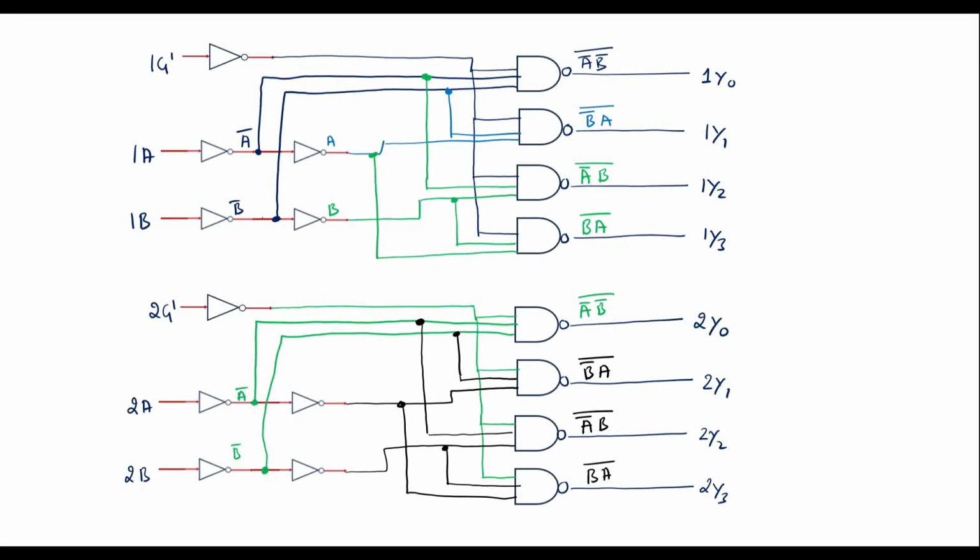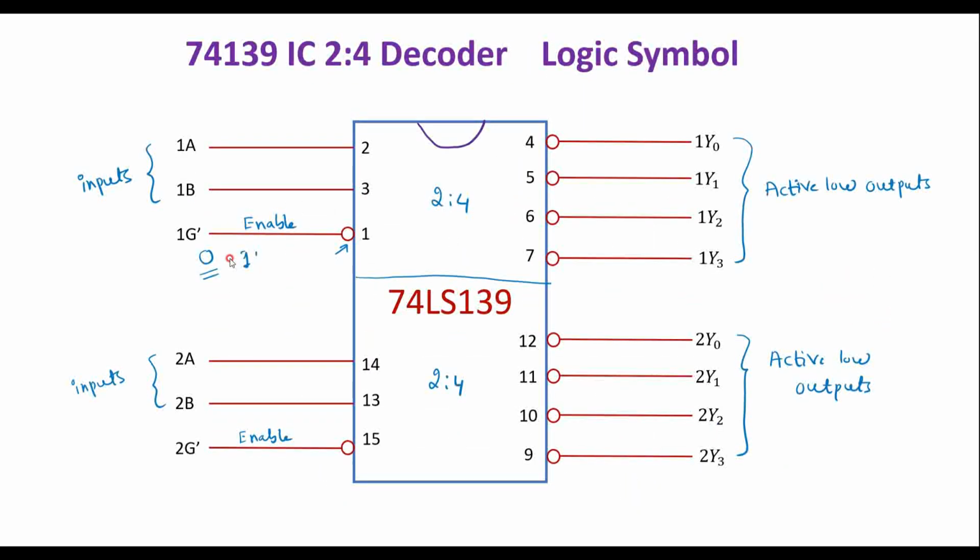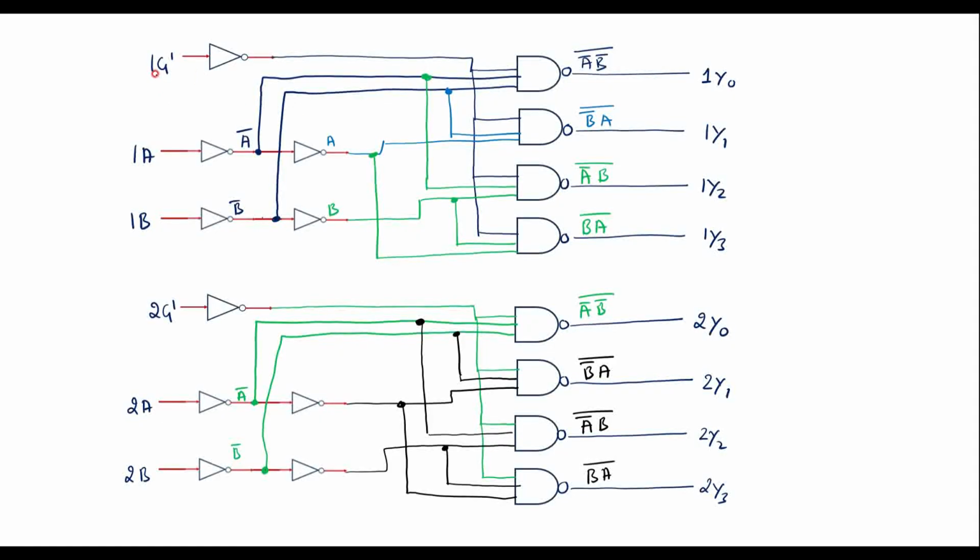Now let me verify the result. As we know, when the input enable pin is 1, the output will be 0. So this output will be given to NOT gate. Now let me verify the circuit diagram with the given input.